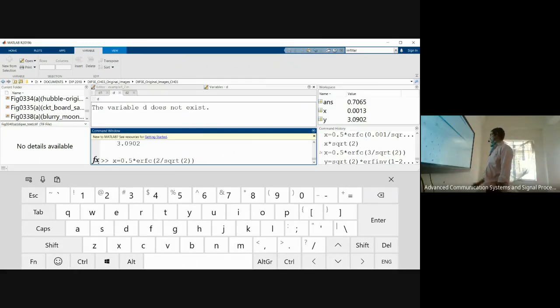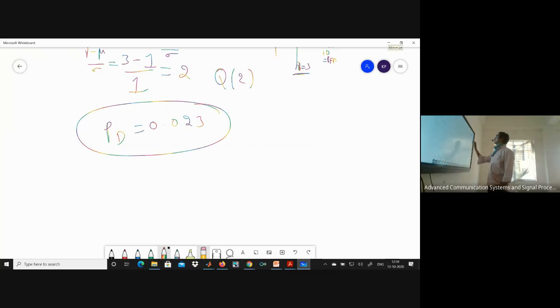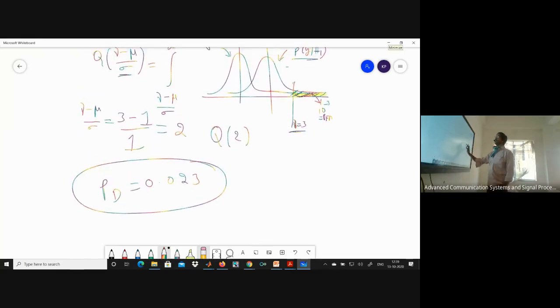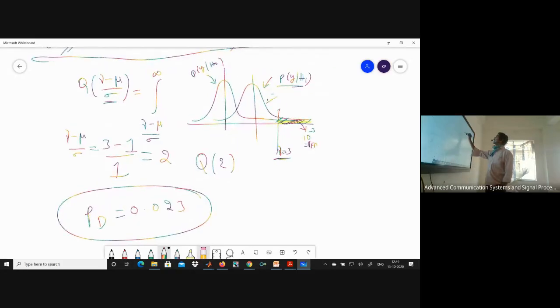Am I right? 0.023, right? You try to see, I just changed the argument over here too. So what I mean to say over here is, this is probability of detection, because I tried to calculate the area under the second curve based on the value that I have obtained from the first curve.